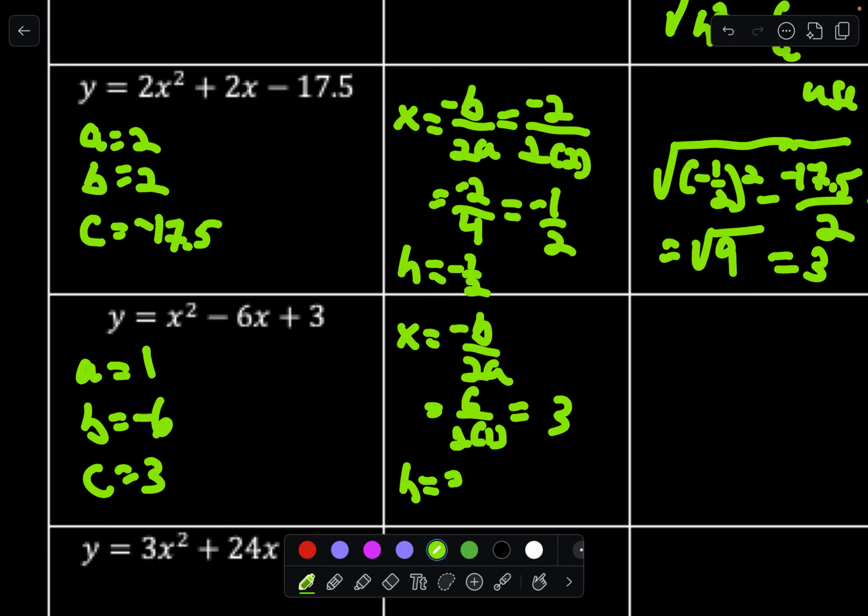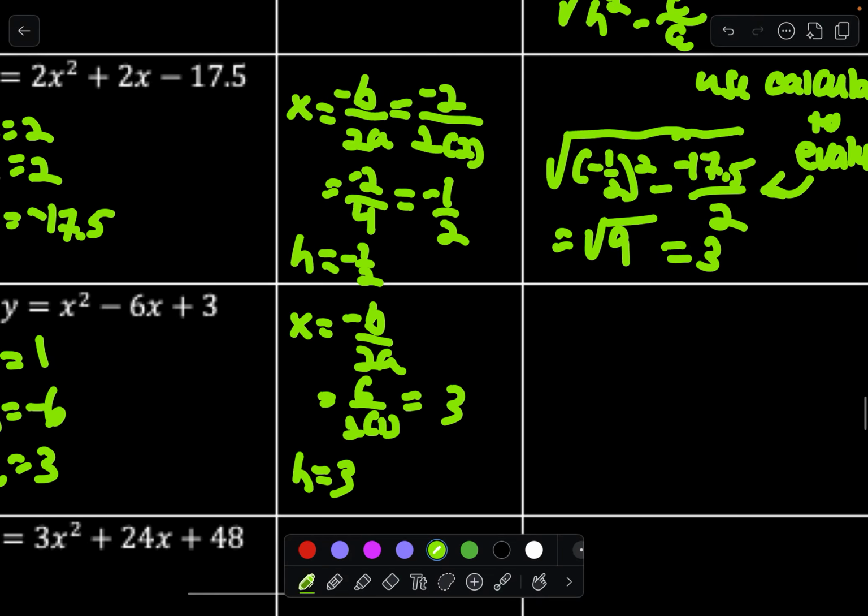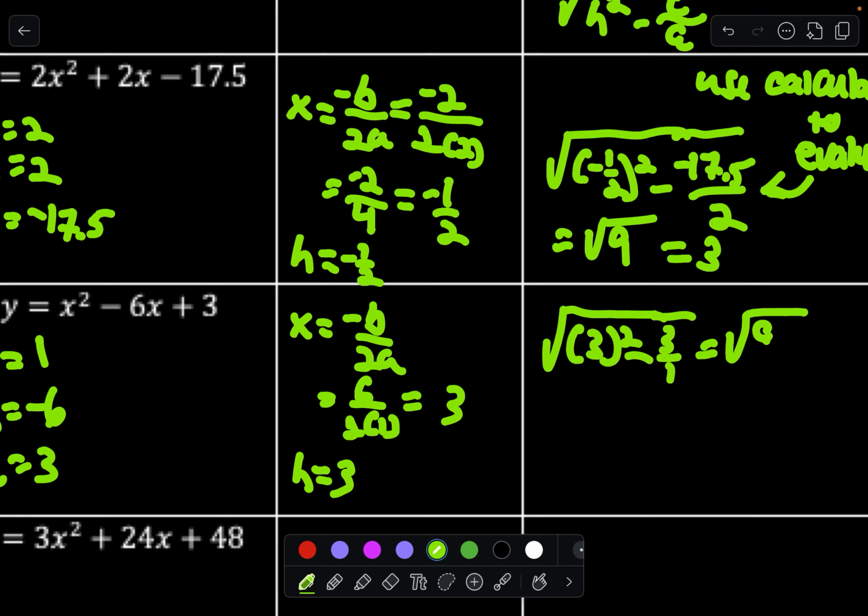So H equals 3. And then the distance, which is the square root of h squared, 3 squared, minus c over a, c being 3, a being 1. We end up with the square root of 9 minus 3, which equals the square root of 6. Okay, you could get a decimal estimation of that, but we're going to write the exact answer.